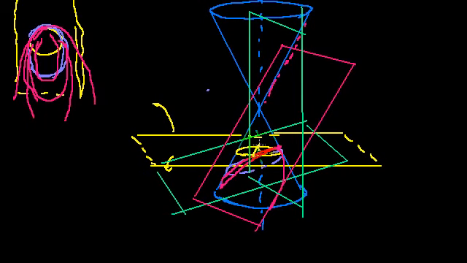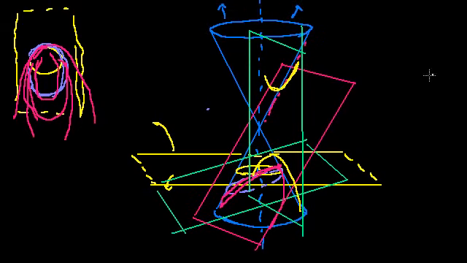The intersection would look like this. It would intersect the bottom cone there, and the top cone over there. This would be the intersection of the plane and the bottom cone, and up here would be the intersection of the plane and the top cone. Remember, this plane goes off in every direction infinitely.